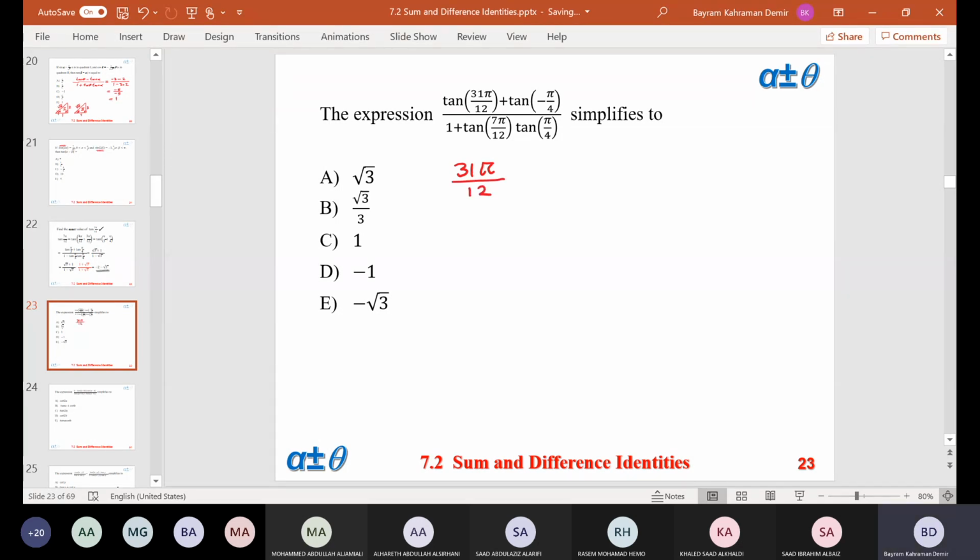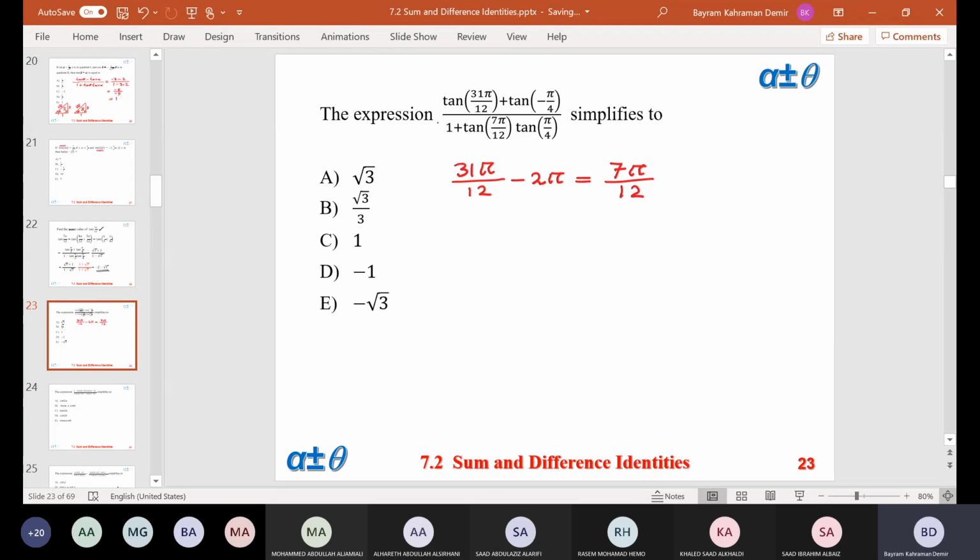What can I do? I can subtract 2 pi. If you subtract 2 pi, it's going to be 7 pi over 12. So therefore, tangent of 31 pi over 12 is the same as tangent of 7 pi over 12.